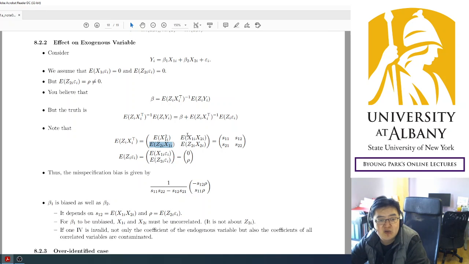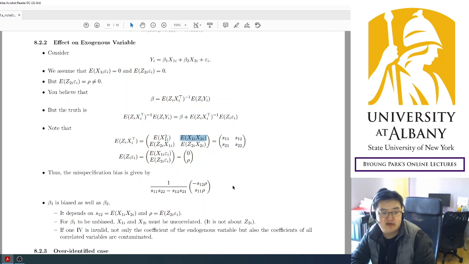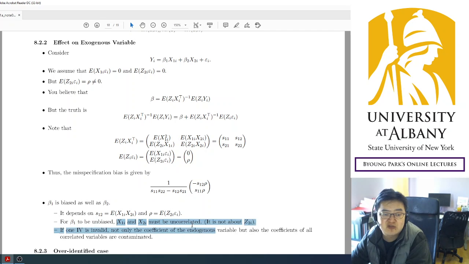It is the covariance between two regressors, right? So it's quite confusing what's more important, but the answer is this one. So that's what we derived mathematically. So anyhow, beta 1 is biased. And for this to be unbiased, the only possibility is that X1 and X2 must be uncorrelated.